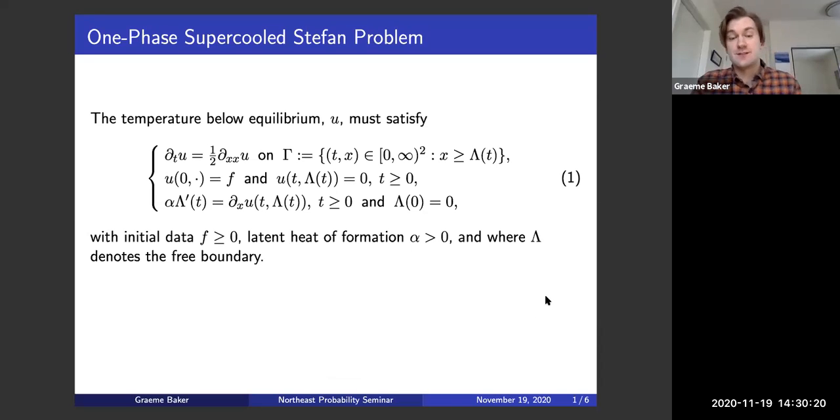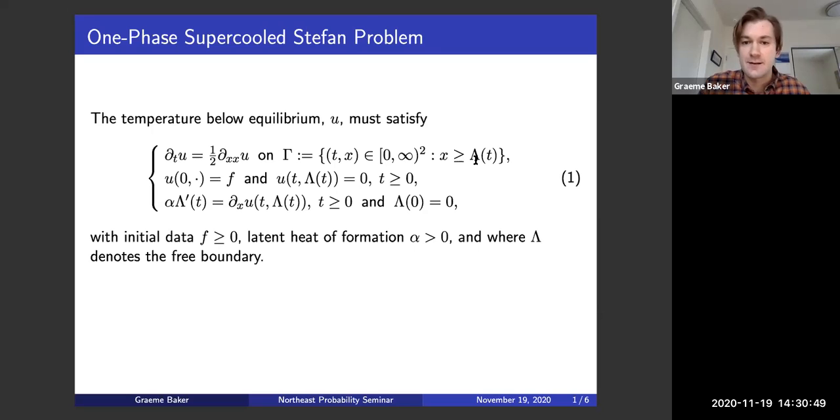So the Stefan problem was originally formulated by Stefan to look at the freezing of water. We're interested in the supercooled Stefan problem, one phase and one dimension. Here u denotes the temperature below equilibrium for our liquid, and it satisfies the heat equation.